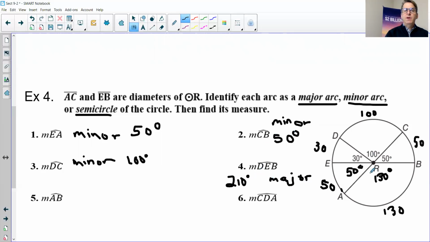In this case, AB is 130. It's minor. And lastly, number 6, the measure of CDA. CDA is 180, and that's considered a semicircle.